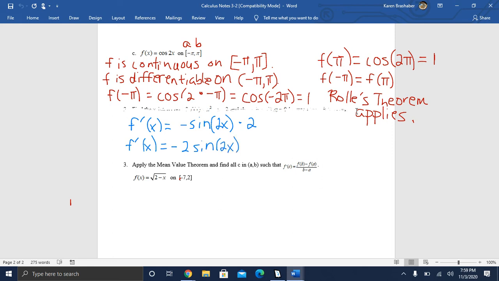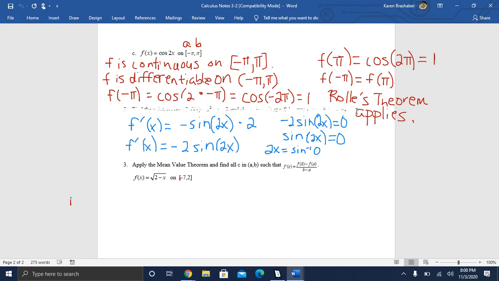And so there has to be a place, according to Rolle's theorem, where f prime of x is equal to 0. So I'm going to set negative 2 times the sine of 2x equal to 0. Now, I can divide both sides by negative 2 and just have the sine of 2x equals 0. So now I am looking at 2x equaling the inverse sine of 0.